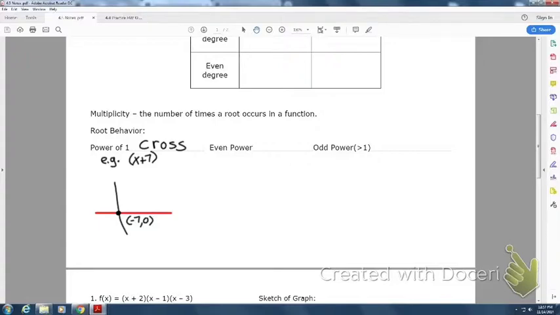If you have an even power, we're going to call this a bounce. Sometimes you've heard me refer to it as it just goes down and just touches the x-axis. Think about a parabola. It's just going to do that bounce. That vertex is going to be right on the x-axis. An example of that, it could still be x plus 7, but now it's squared.